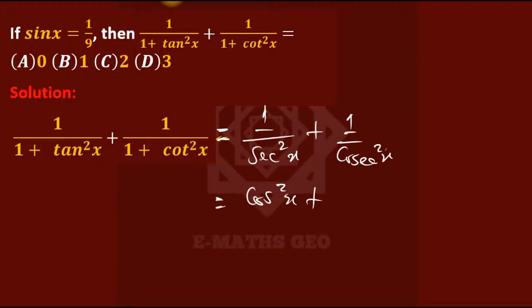Cosec is 1 over sine, meaning 1 over cosec is sine, so I have sine squared. From our first Pythagorean identity, this is equal to 1. So we don't even need sine x is 1 over 9. With the identity, we've proved it. So that's the answer, option B.